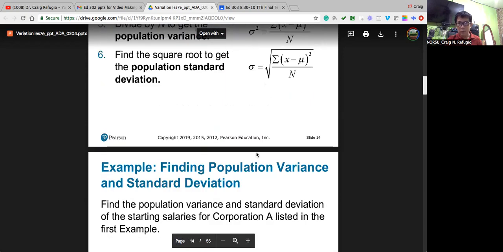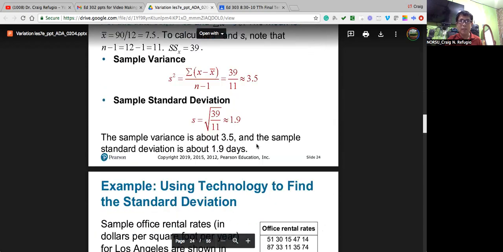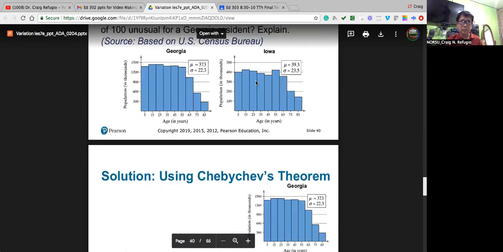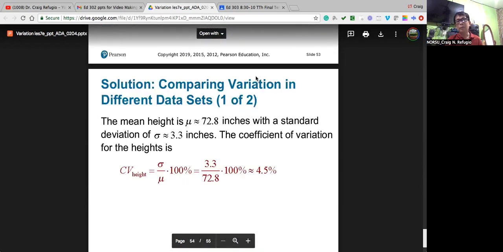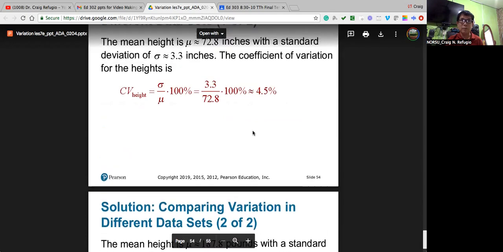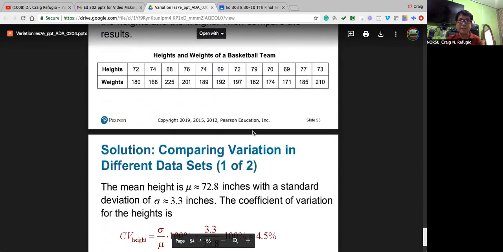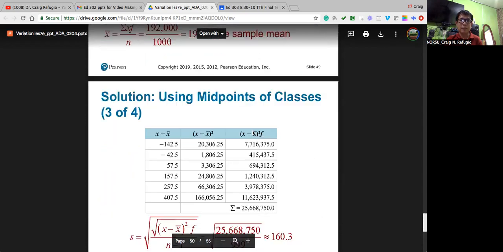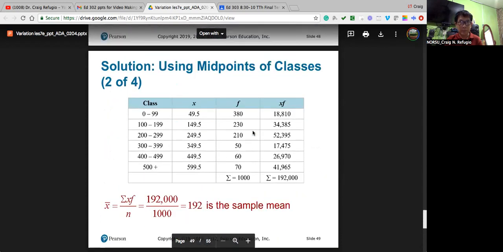Looking back to assignment number 1 and assignment number 2, after calculating the population standard deviation, I would like you to calculate also the population variance. We calculated already, manually, the population standard deviation, so calculate the population variance for both number 1 and number 2.